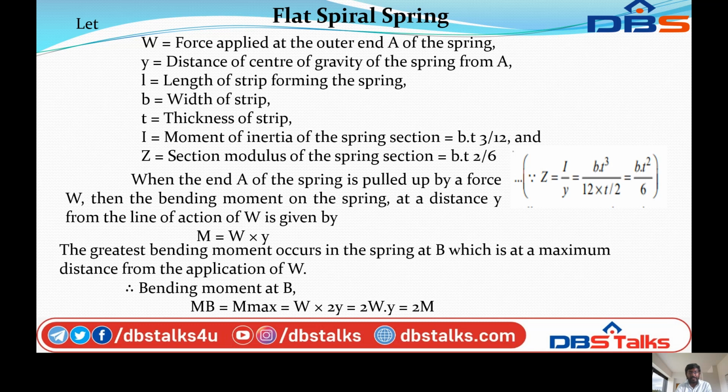When the end A of the spring is pulled by the force W, then the bending moment of the spring at a distance y from the line of action of W is given by capital M is equal to capital W into y. The greatest bending moment occurs in the spring at B, which is at the maximum distance from the application of W. Therefore, bending moment at B is M max, that is equal to W into 2y, that is equal to 2 into W into y equal to 2M.